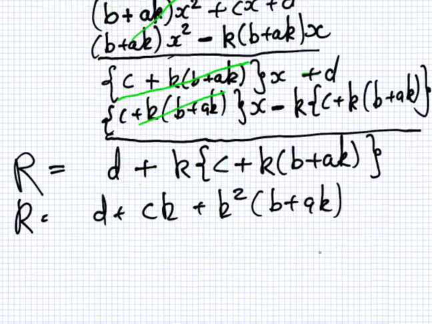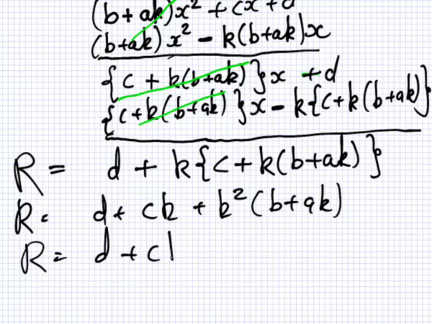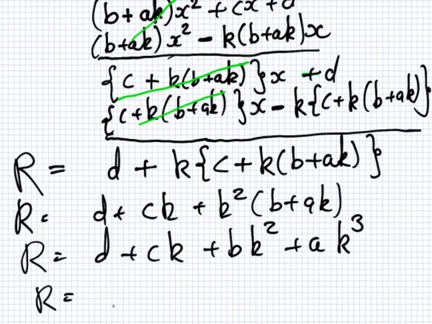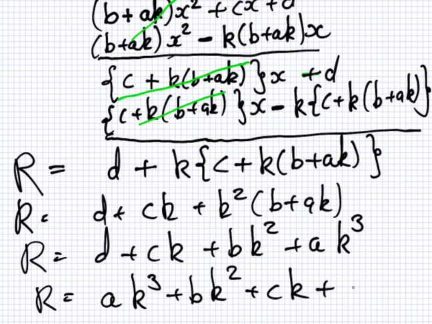So here we get (c plus k(b plus ak)) x minus k times (c plus k(b plus ak)).